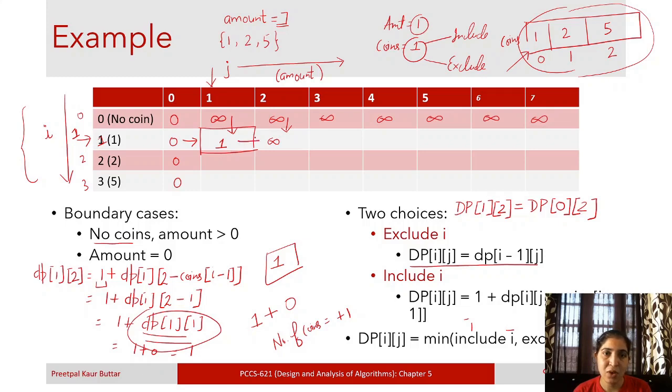We solved this in the previous iteration. It is 1. So the total number of coins I need now is 2. I will choose the minimum of infinite number of coins or 2 coins. So 2 coins is better, right? So we have solved this also.